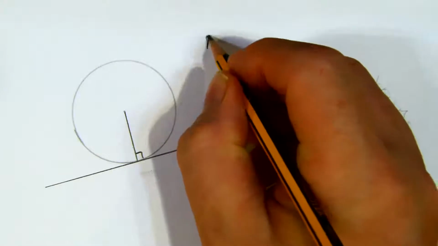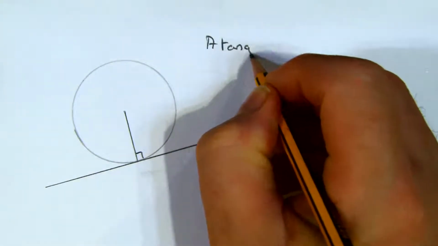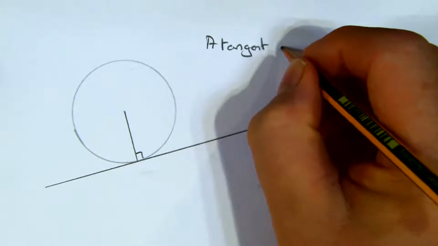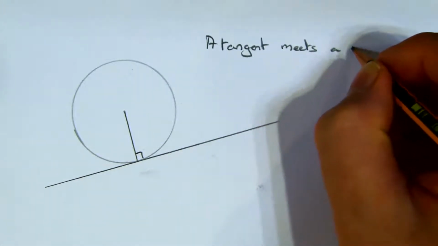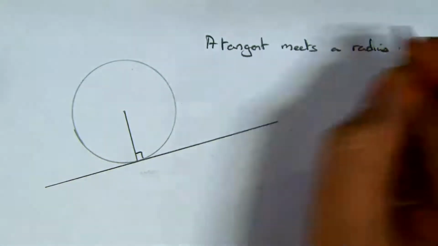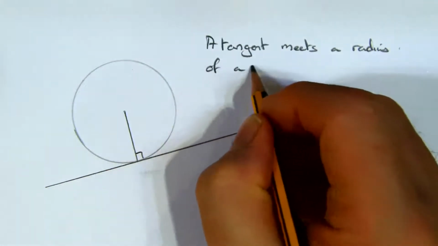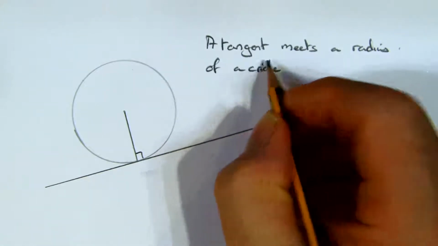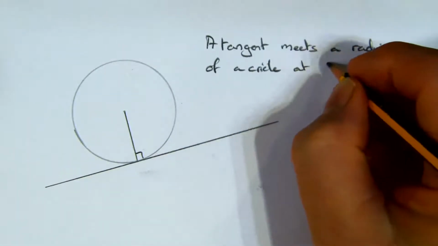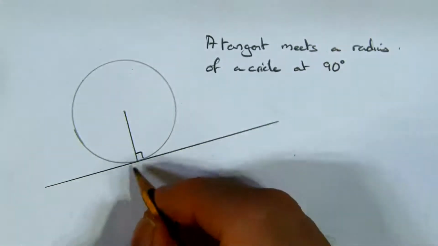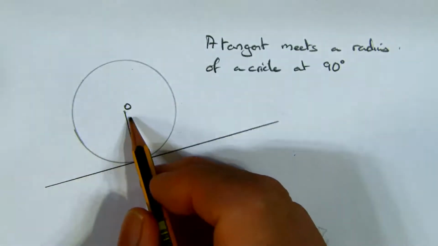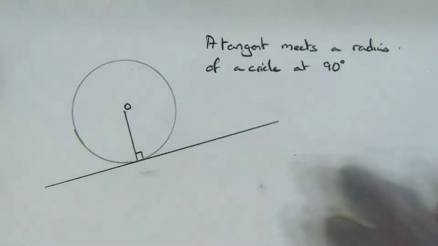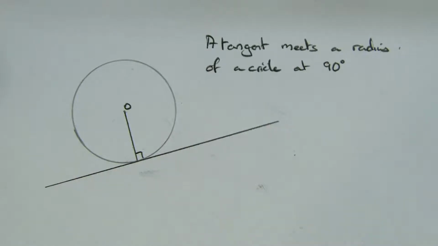So a tangent meets a radius of a circle at 90 degrees. So there's our 90 degrees, and here is O, the center of our circle, and there's our tangent. Okay. Fairly easy one, that one.